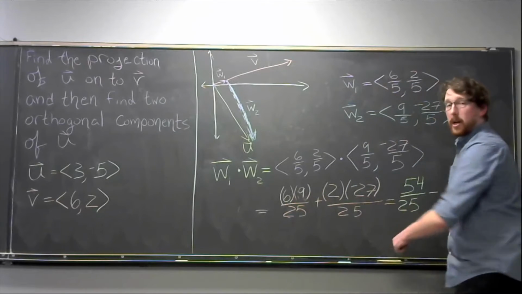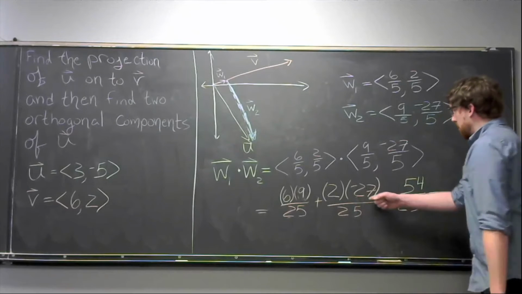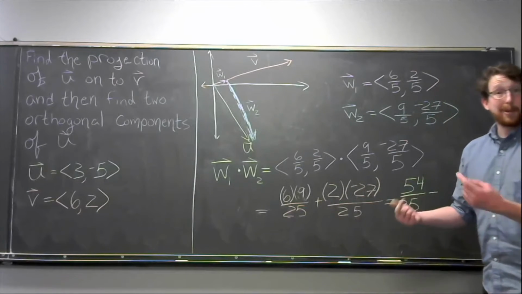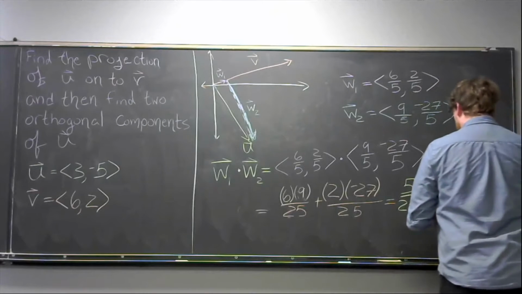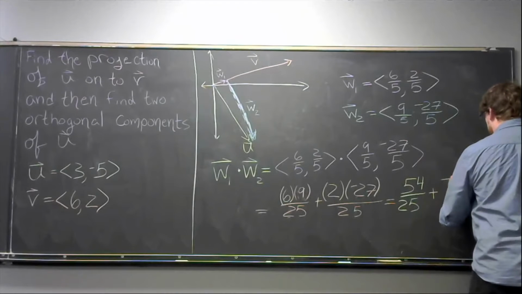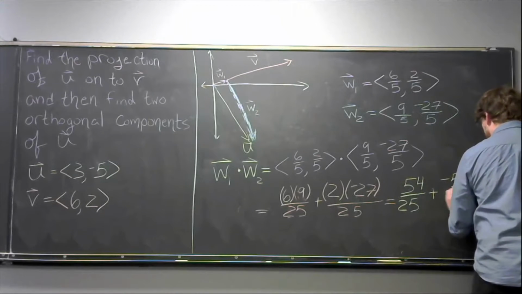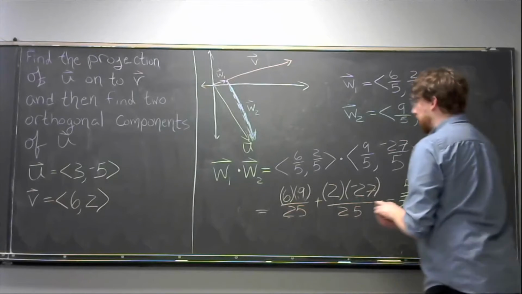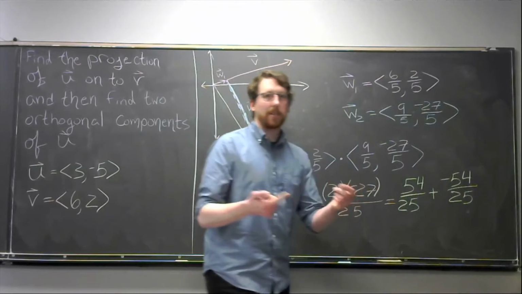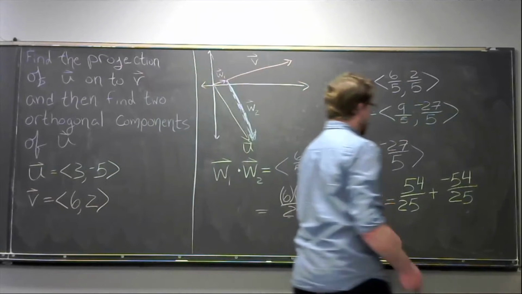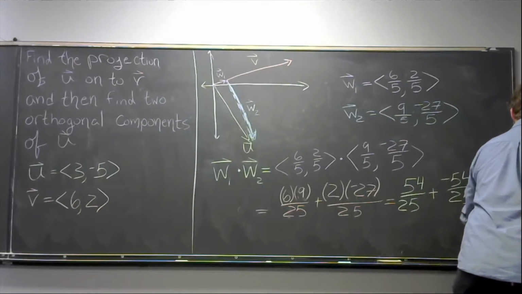We're adding the two, right? Because we're taking the dot product of them. But we're going to find that because of this negative 27, our addition becomes subtraction. So we have 54 over 25 plus negative 54 over 25, which is just equal to 54 over 25 minus 54 over 25, or 0.